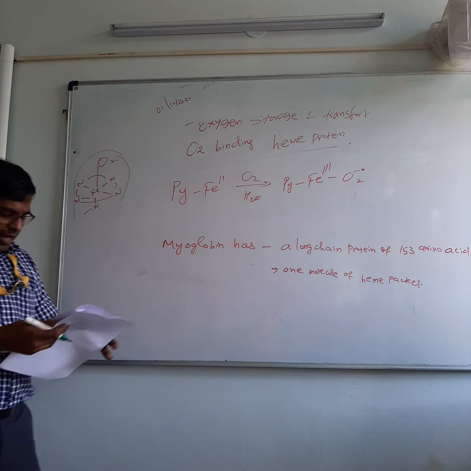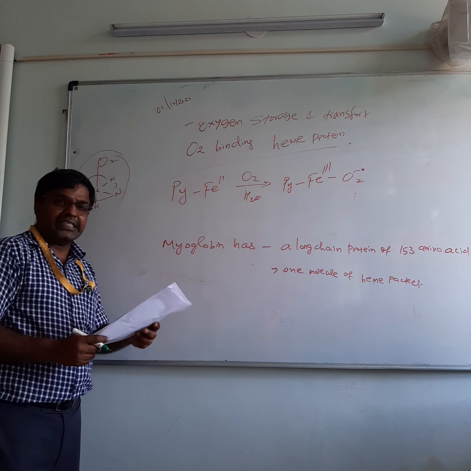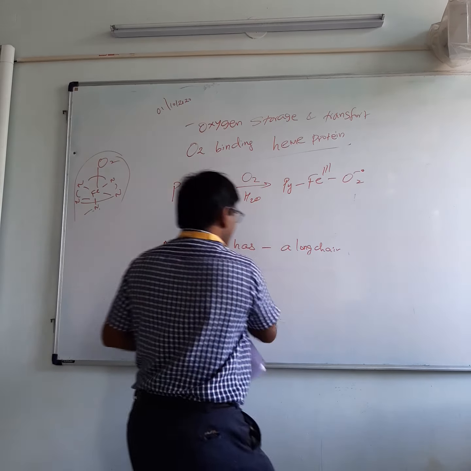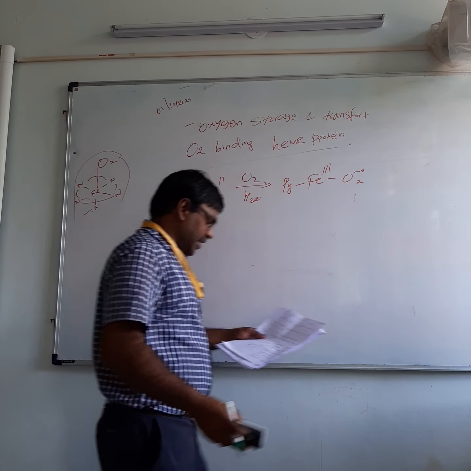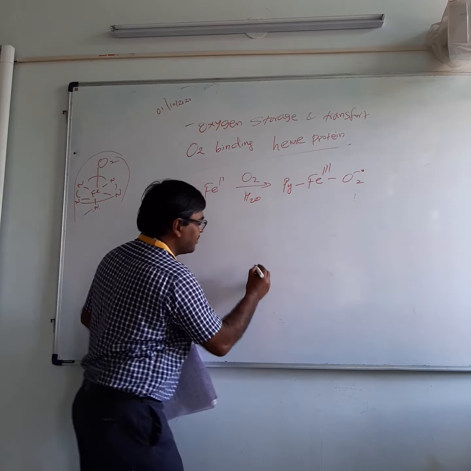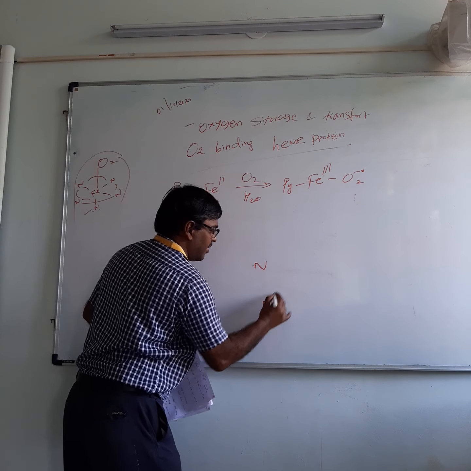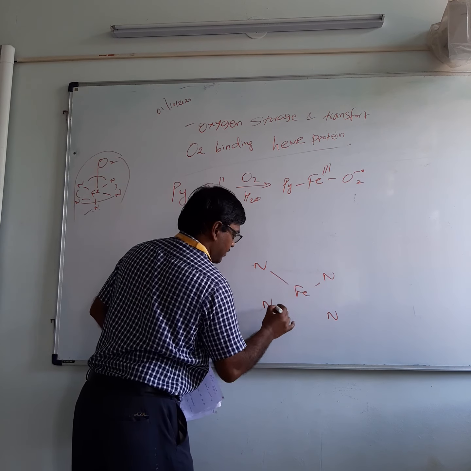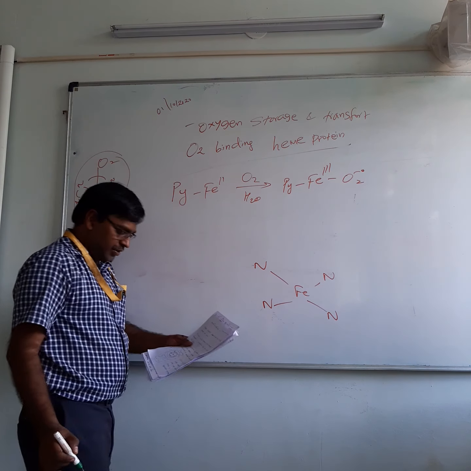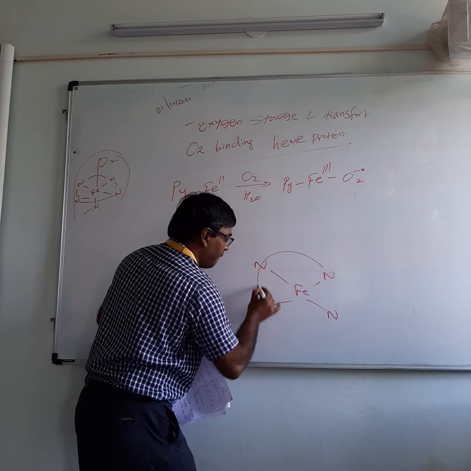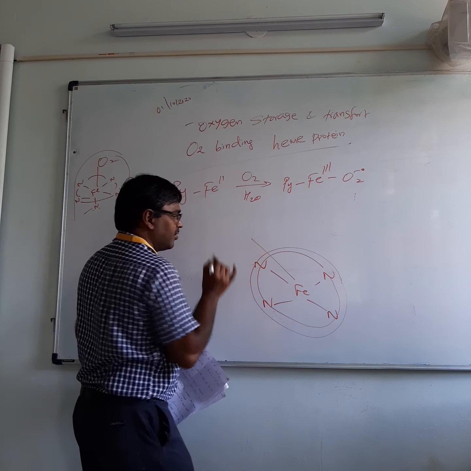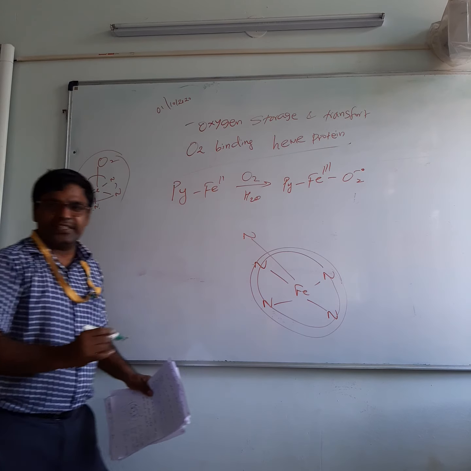Okay. Now how is the heme going to stabilize in the presence of globin? If you see how it looks like, you have nitrogen here. So this is how your whole heme is there. This is the heme unit, and the protein unit nitrogen is here.